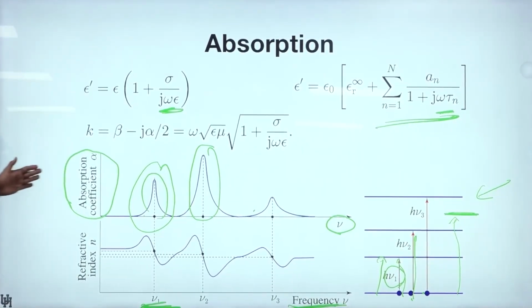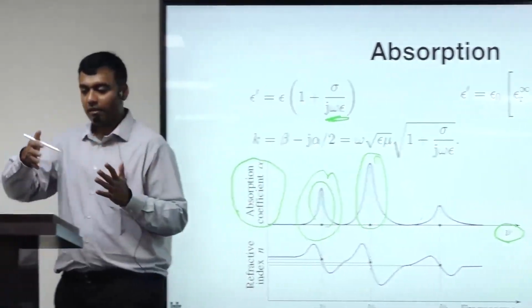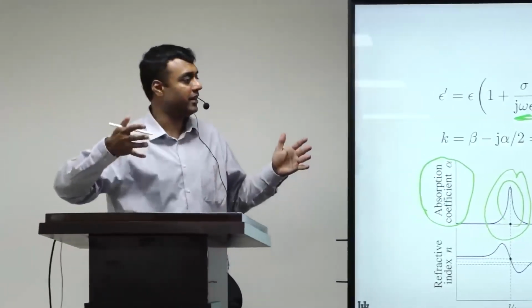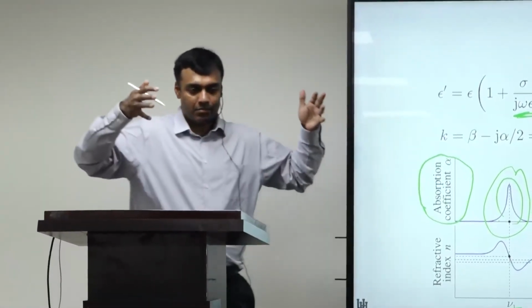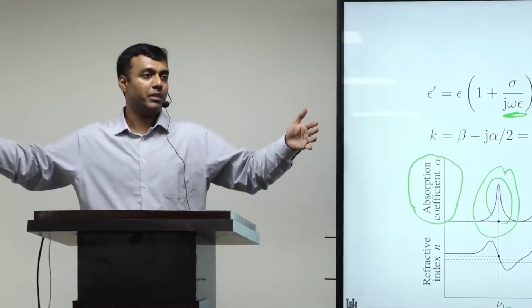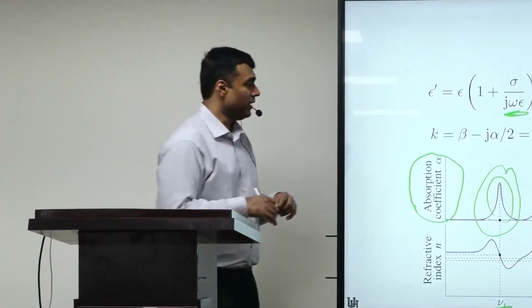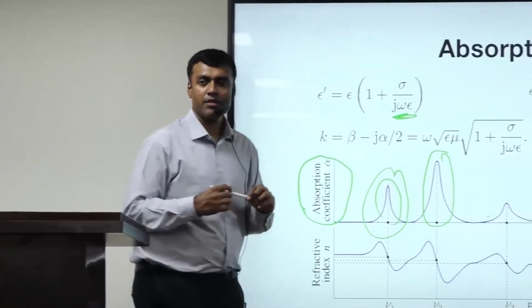Each term here corresponds to a different absorption peak, and a particular molecule has multiple such peaks, which is the nature of most molecules that we will encounter. Any questions about all this?